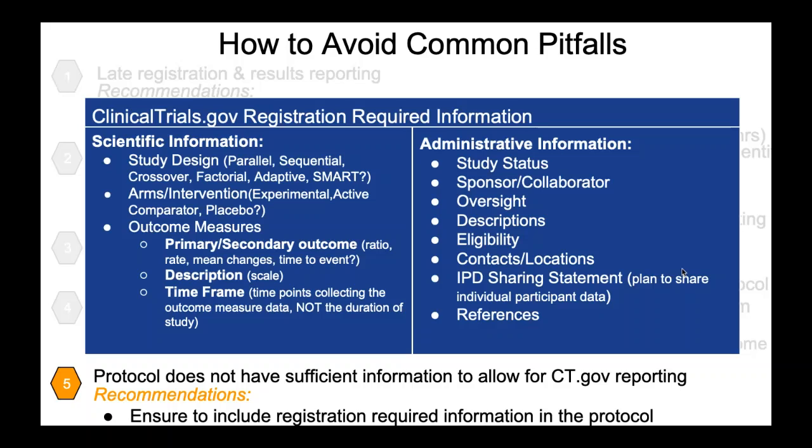We recommend updating your protocol template to include this information if the PI plans to register the trial, especially if the PI plans to delegate CT.gov reporting to other scientific members in the study team, so that they can cut and paste the information from the protocol when doing CT.gov registrations.